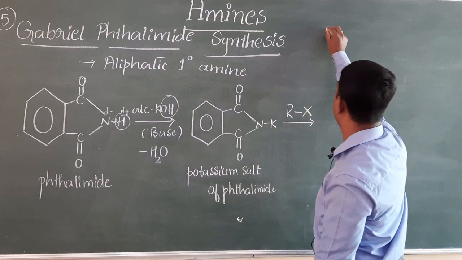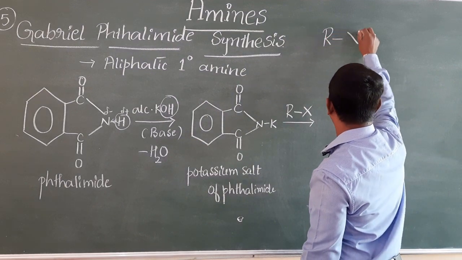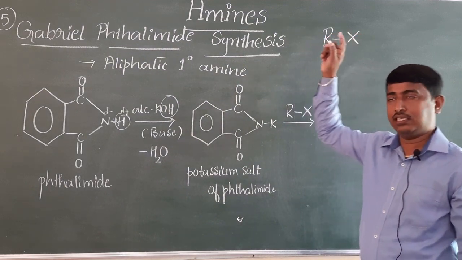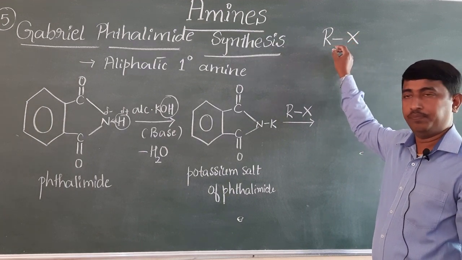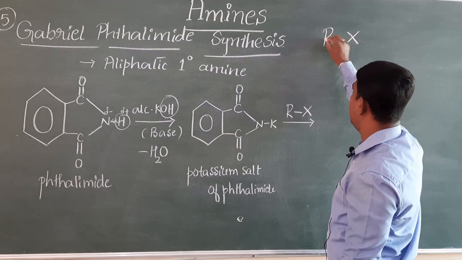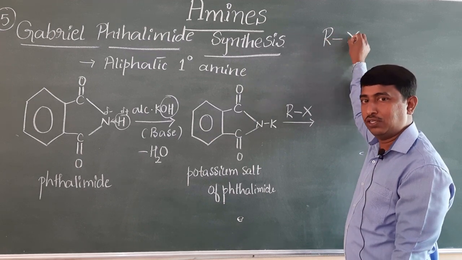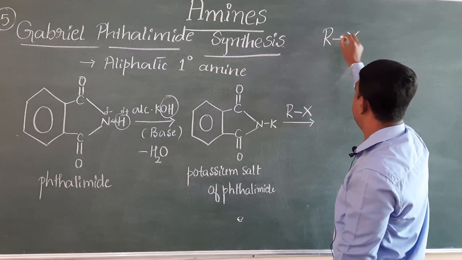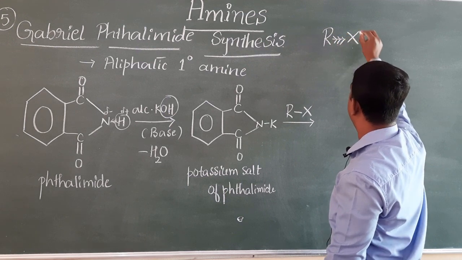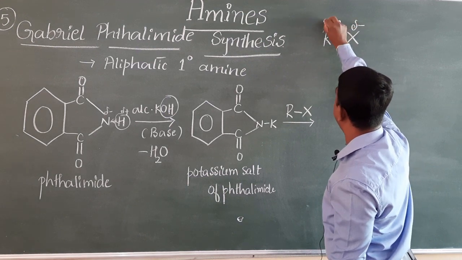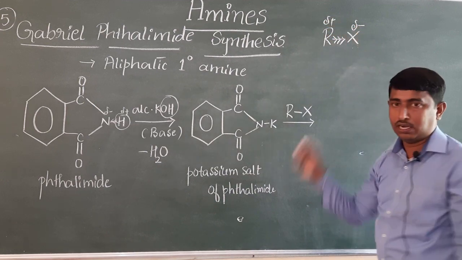We know that an alkyl halide molecule contains positive and negative charge, so it is a polar molecule. Between carbon and halogen, halogen is more electronegative, so electrons will be displaced towards halogen.